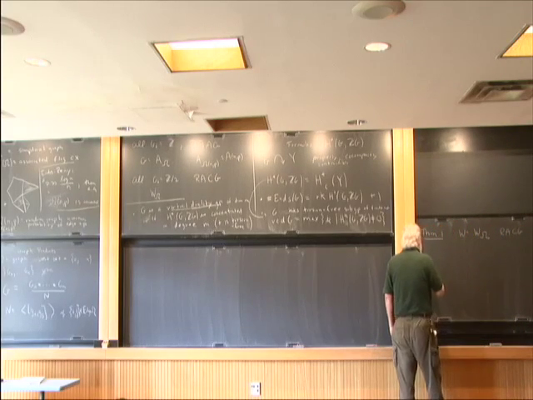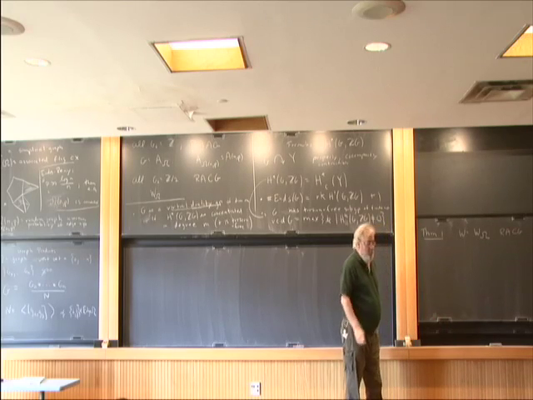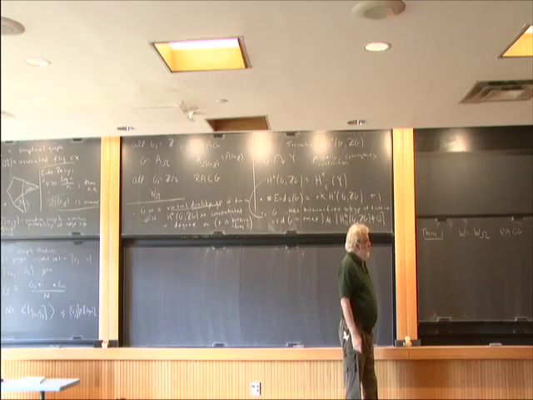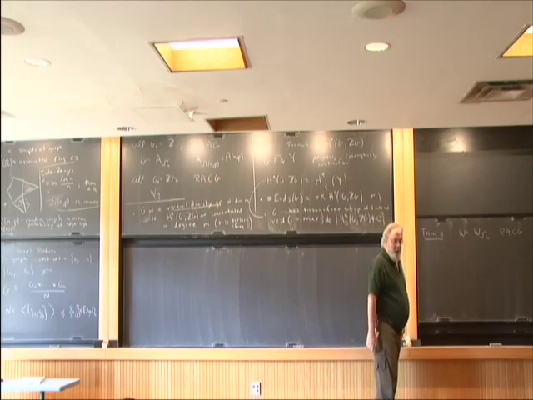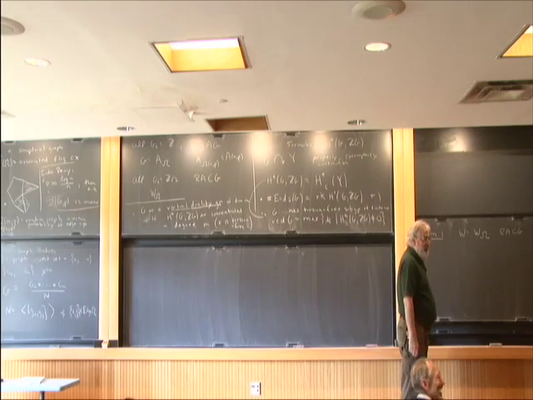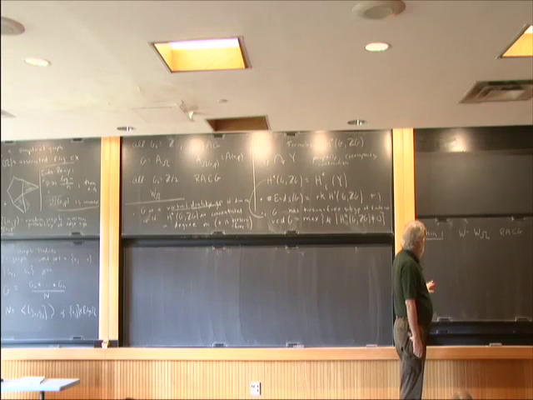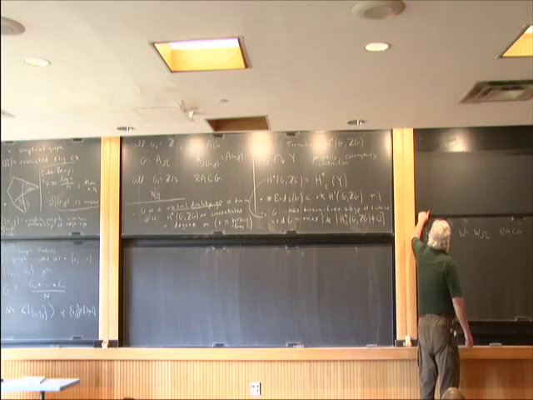Although the way I'm going to write down the theorem, it's also true for Coxeter groups, because I'm not going to define everything. The Artin group is going to be theorem 2.